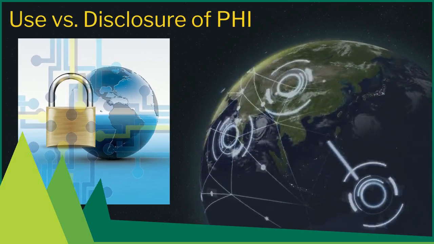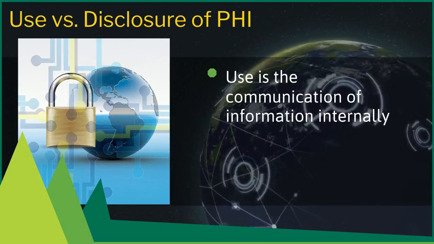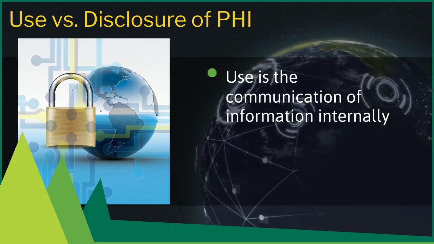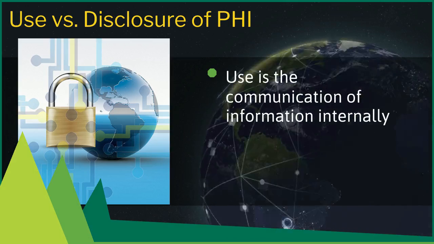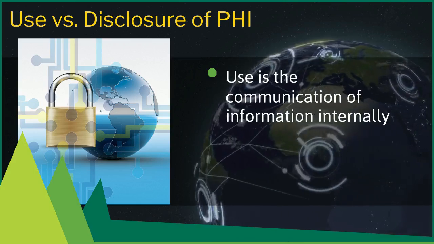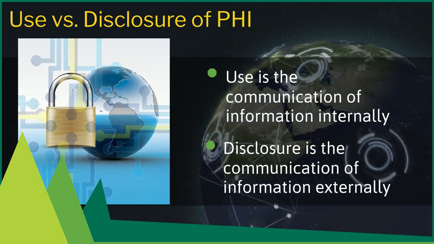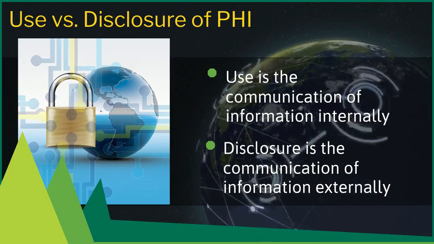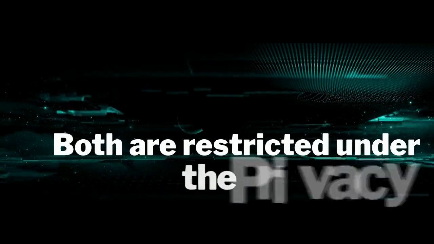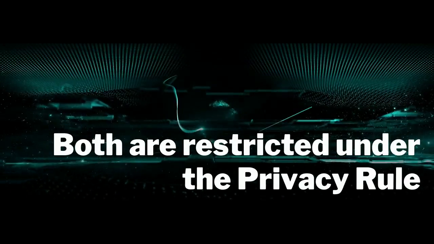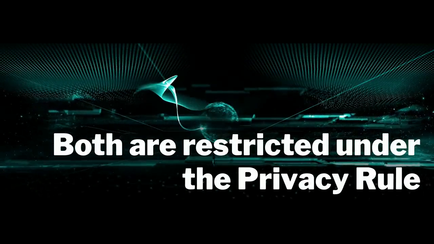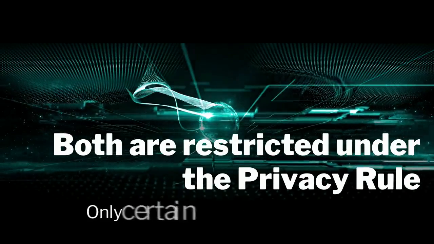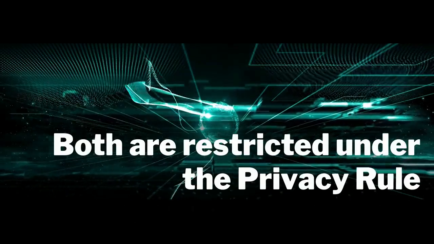In general, the use of PHI means communicating that information within the covered entity, while a disclosure of PHI means communicating that information to a person or entity outside the covered entity. The privacy rule restricts both uses and disclosures of PHI, but it requires an accounting only for certain PHI disclosures.